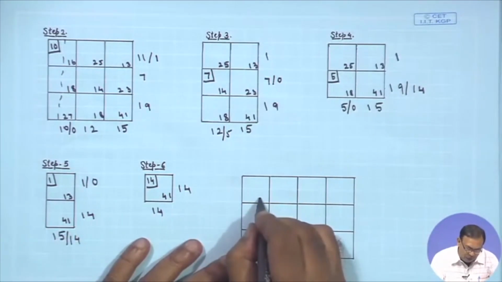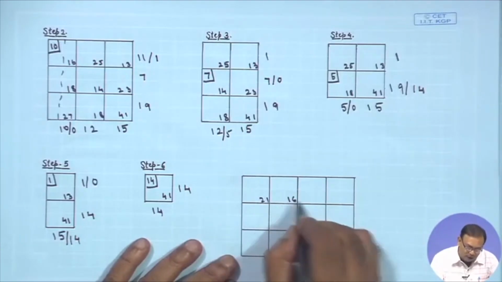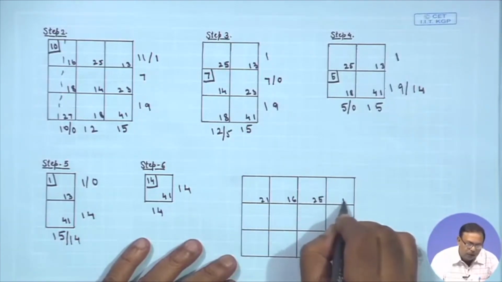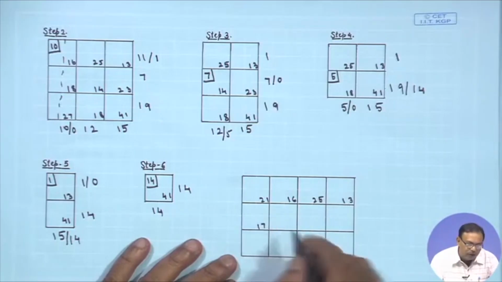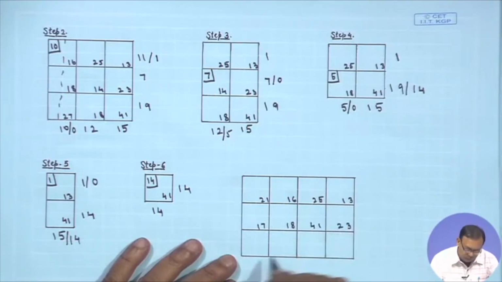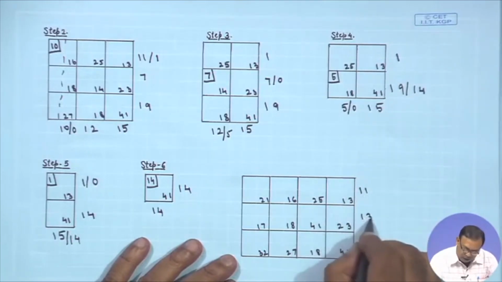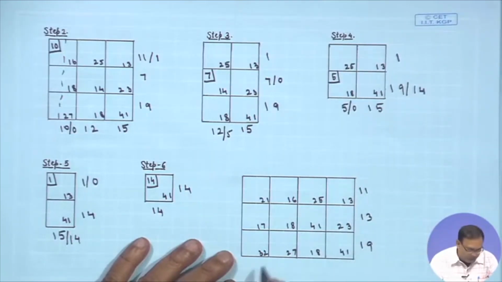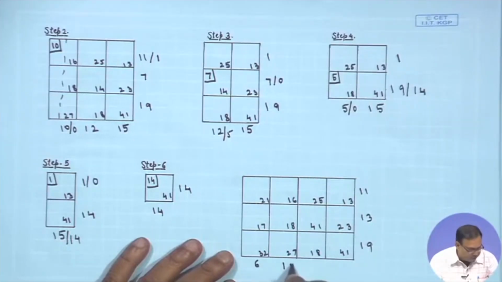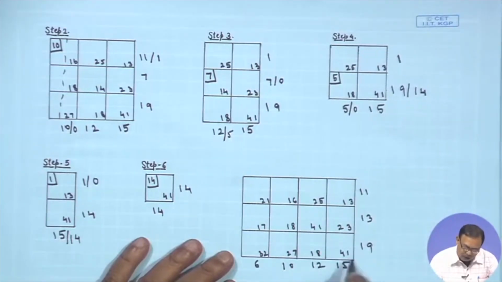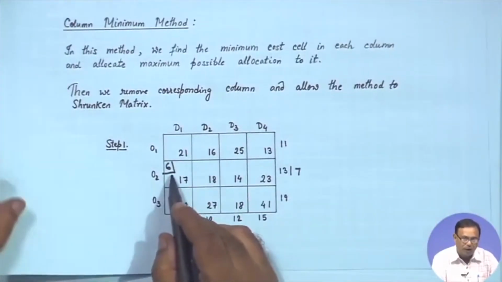So, therefore, your original problem is 21, 16, 25, 13, 17, 18, 41 and 23, 32, 27, 18, 41, and it is 11, 13, 19, here it is 6, 10, 12 and 15. What are the allocations? For the first time the allocation was here 6.